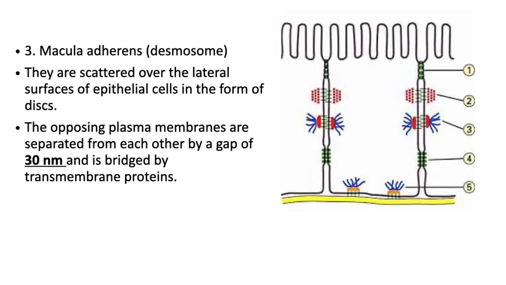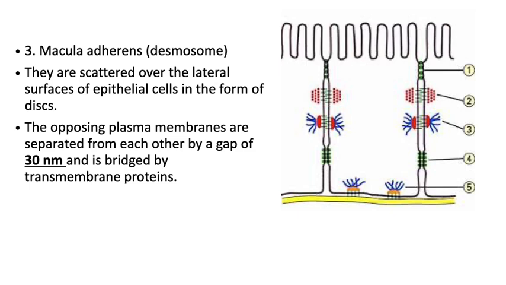Then there is macula adherens or desmosomes. They are scattered over the lateral surface of the epithelial cells. Now, if you can see here, this is a desmosome. The plasma membranes here are separated by a gap of 30 nm, whereas we saw just now that gap was 20 nm only.